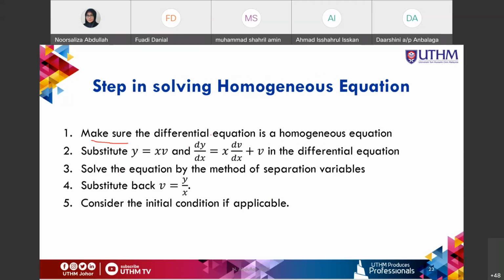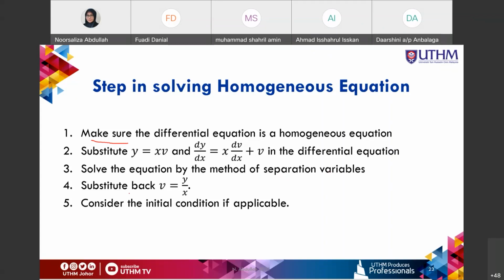Okay. Once you have made sure that the equations is homogeneous, next, you have to substitute y. You gantikan y with x v and dy over dx with x dv over dx plus v. Then you solve the substitution equations by method of separation of variables.